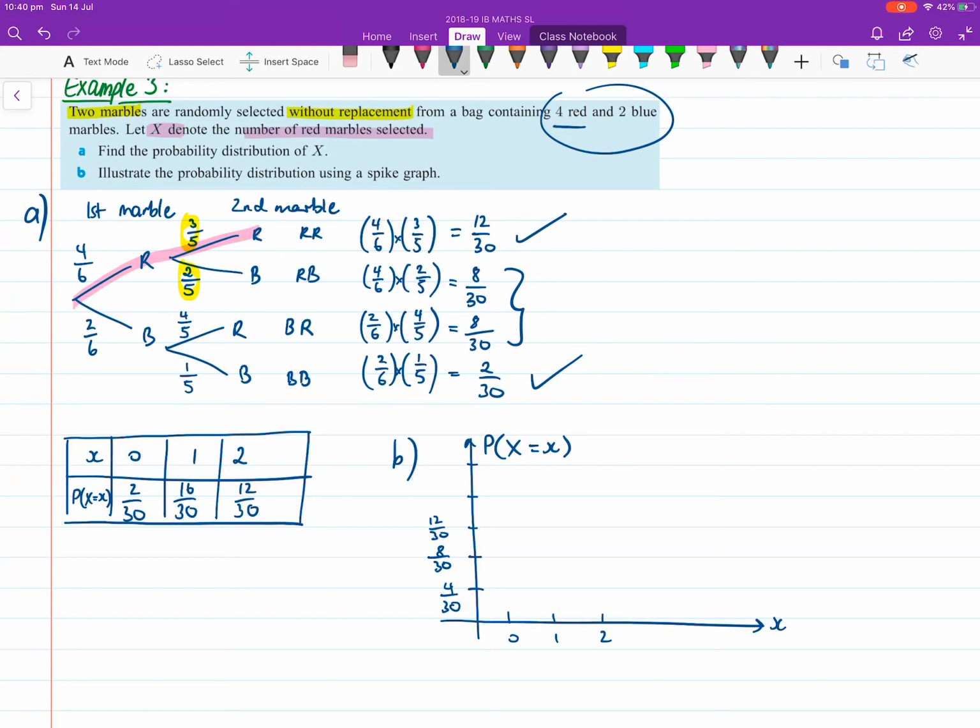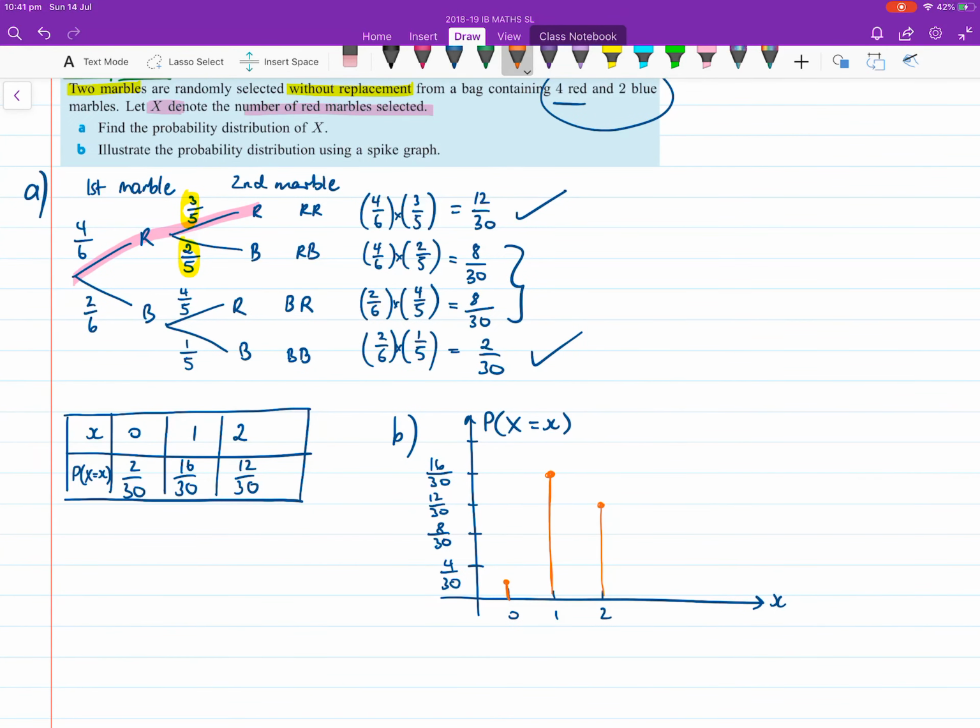That's 12 on 30. And then that'll be 16 on 30, I think. Okay, let's do that. And then you've got 2 on 30 is 0, so that's halfway there. And then for 1 is 16. Okay. And then 12 on 30 for getting 2 red marbles. Okay. Hopefully that makes sense for you.